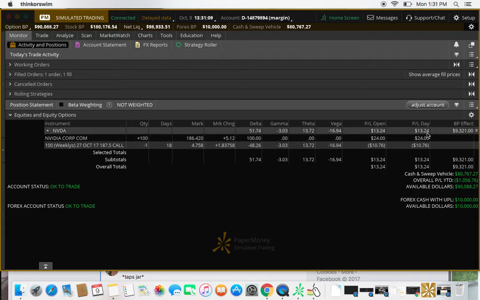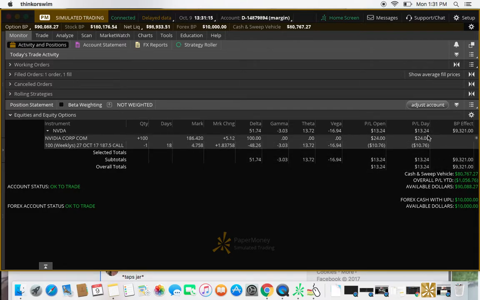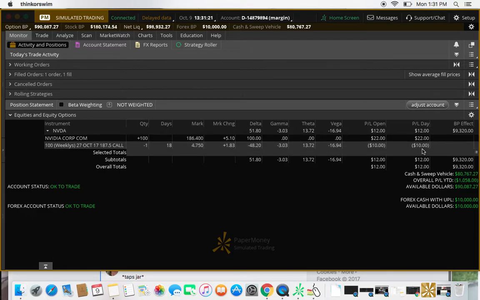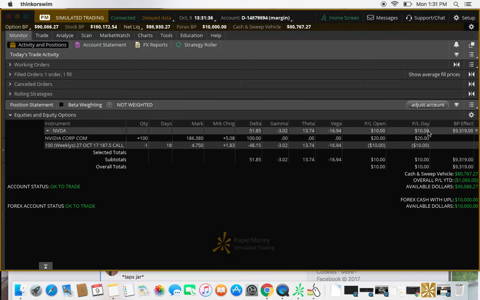Okay, so which one should I look at? Because I'm seeing 3 different prices here. Well, there's one for the stock, one for the option, and one for both. So this is the stock, this is the option, and this is both? Combined. So the position is in NVIDIA. The top one, next to NVIDIA, NVDA, is the profit or loss overall for the entire position.